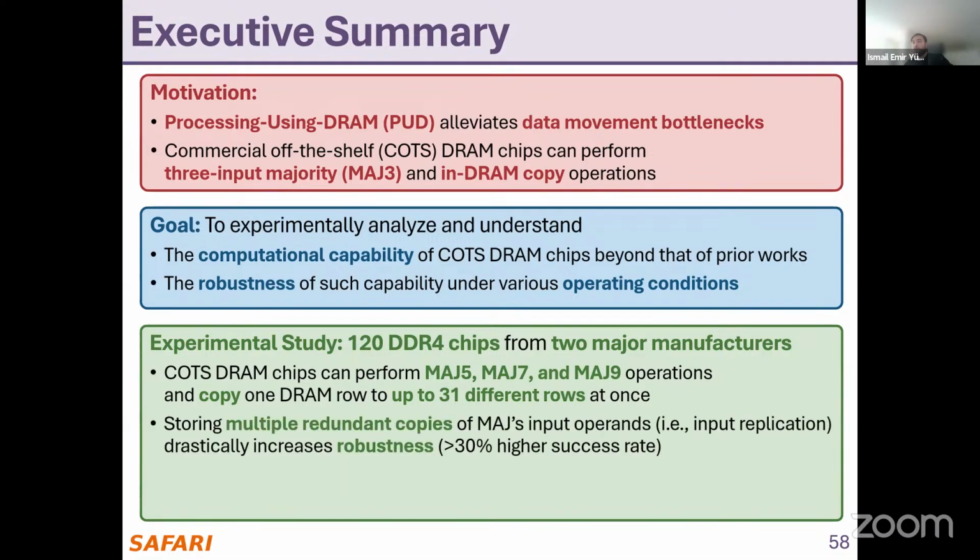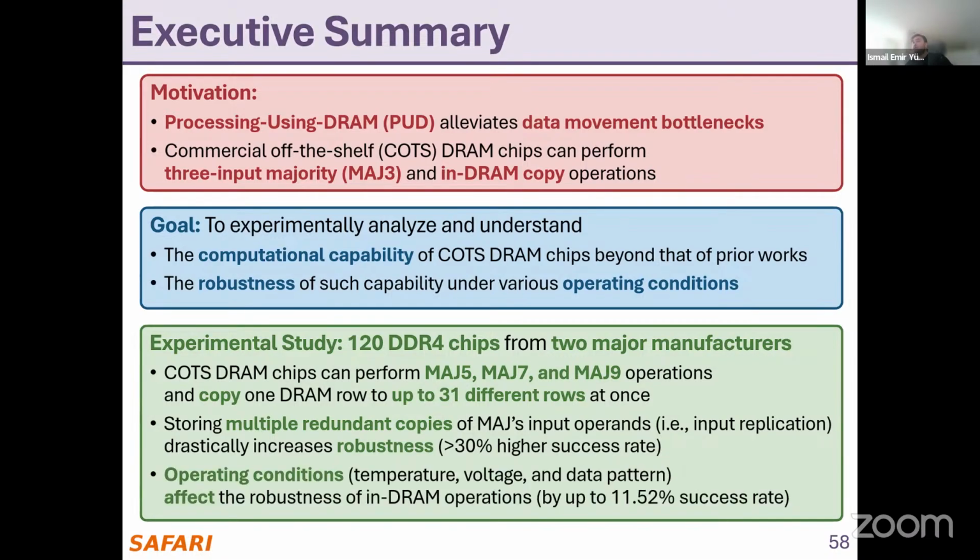We observed that storing multiple redundant copies of majority's input operands, which we call input replication, drastically increases robustness. And operating conditions such as temperature, voltage, and data pattern affect these operations' robustness by up to some extent. Our code is available online, and it's artifact related. You can search for this.